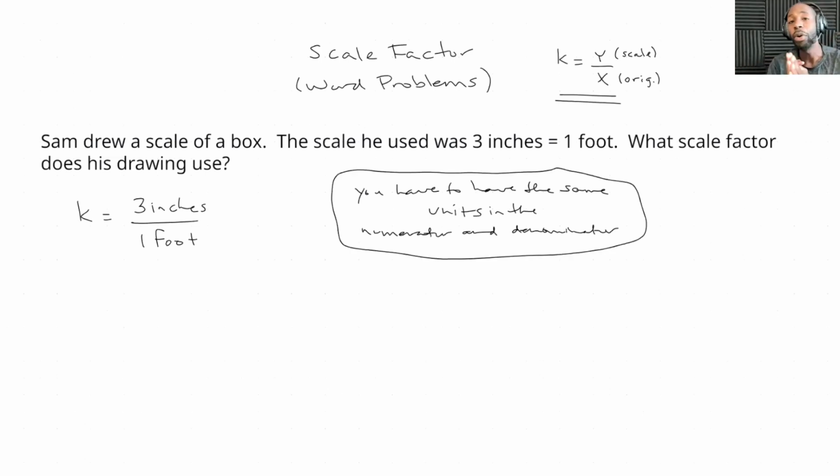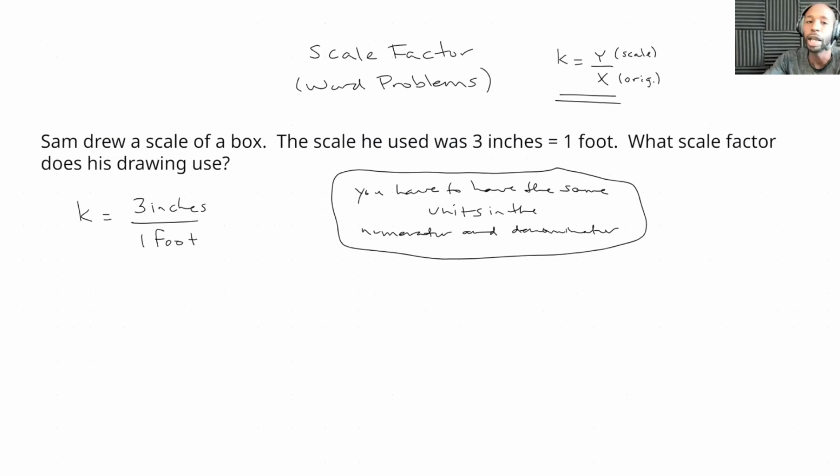But the reason why that's important is because think about what a scale factor is. It's just a number. You want the same units because when you have the same unit in the top, the numerator, and the denominator, the units cancel out. The same way if you were finding the greatest common factor between numerator and the denominator, and they divide out to one, the units divide out to one as well. So you want to have the same units in the top and the bottom so that the scale factor will only be a number.